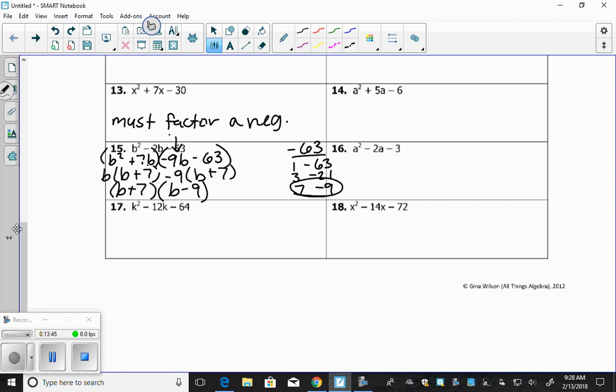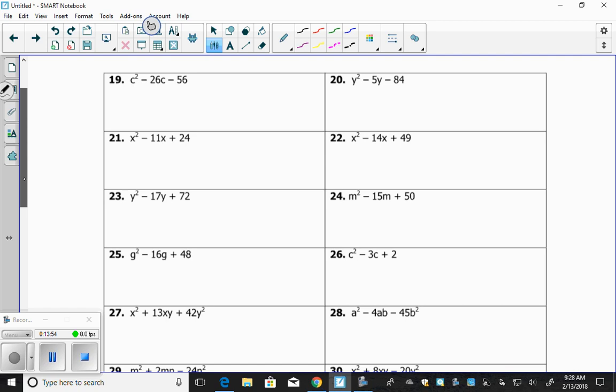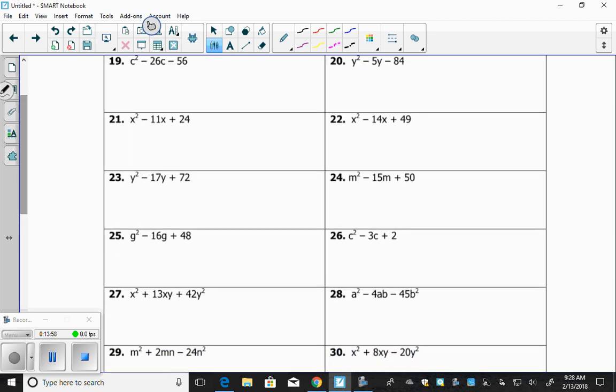See, it's just the steps over and over again. Okay, let's look at the back.